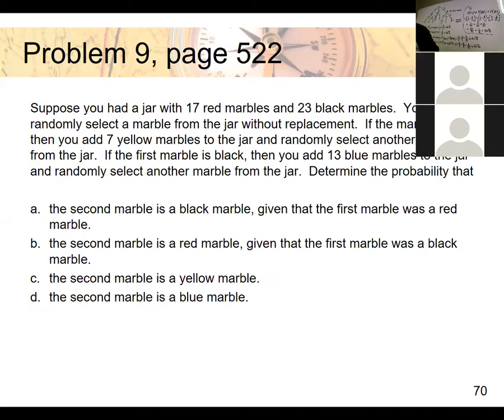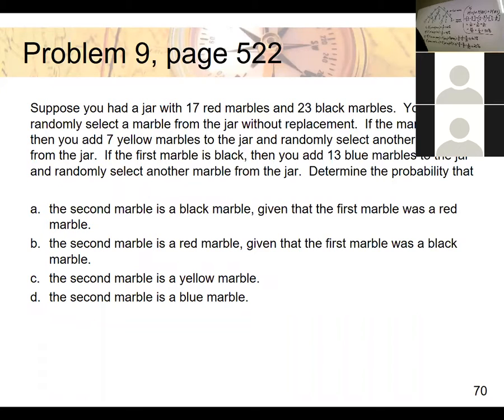It says here, suppose you had a jar with 17 red marbles and 23 black marbles. You randomly select a marble from the jar without replacement. And what that means is you take one marble out of the jar, you're not going to put it back in. That's going to reduce the number of marbles you have altogether and the number of red marbles or the number of black marbles you'll have.